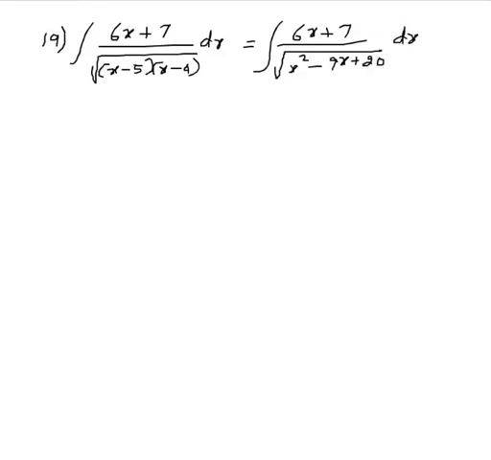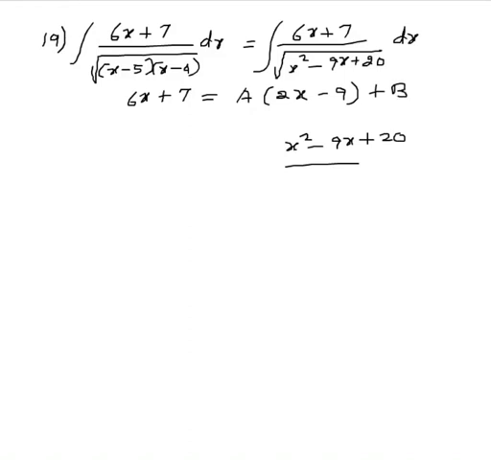Same method. The first step is, we write the linear term which is in the numerator as a into differentiation of the quadratic term which is in the denominator. Don't consider that square root, only the quadratic term you have to take. So differentiation of this is 2x minus 9 and plus b.